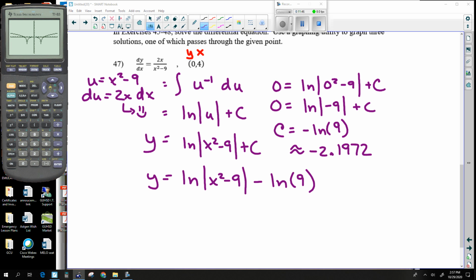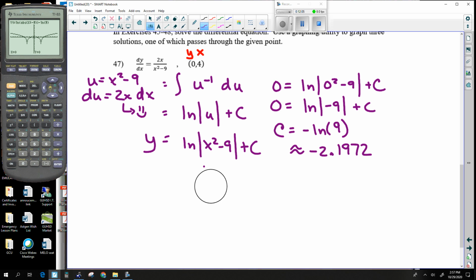Yes, that goes to the point 0, negative 4. Or excuse me, 0, 4. No, it doesn't. Yeah, it does. No, it doesn't. Oh! That's why I had everything different. I'm dumb. You see my mistake?